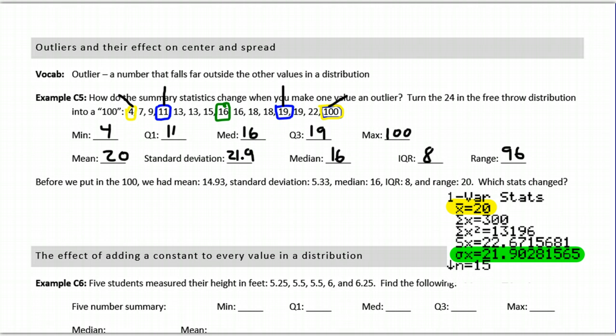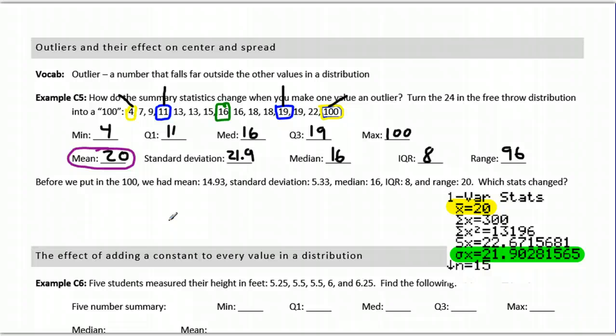So the real question here is, when we change that last number to an outlier, that 24 turned into a 100, what effect did that have on all these summary stats? We previously had a mean of 14.93, so the mean, I would circle that as definitely changing. The mean moved way up because of that outlier.